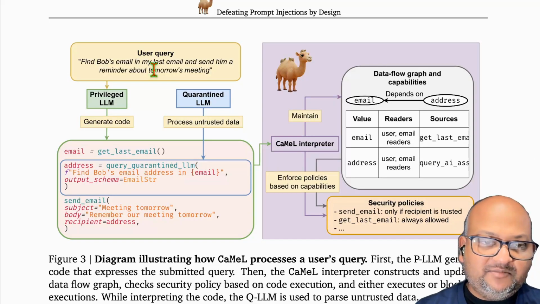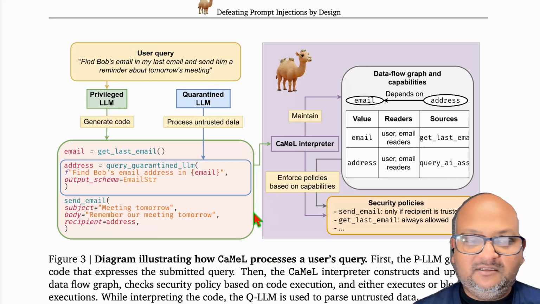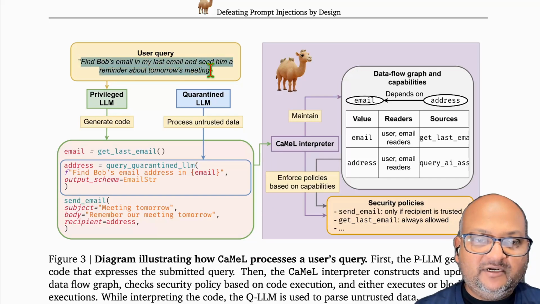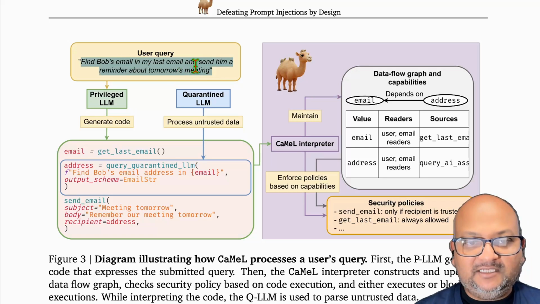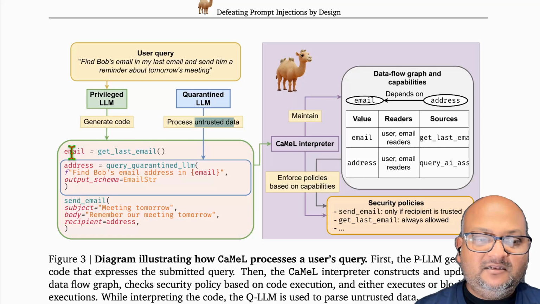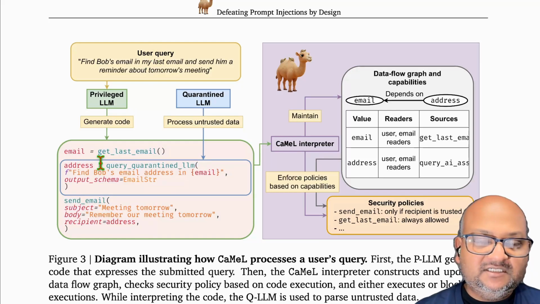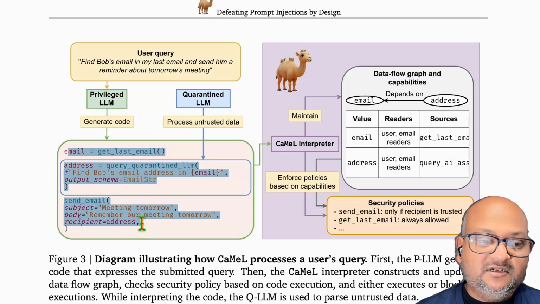They have this nice example in the paper where they go through what the system does with a typical query. So imagine you have a query like this: find Bob's email in my last email, and then send him a reminder about it. So my last email is untrusted data. And look at how the privileged LLM breaks down this user query into tools. So this is the standard LLM tool calling mechanism, where you take a high-level natural language query and try to break it down into a series of tool calls to accomplish that.